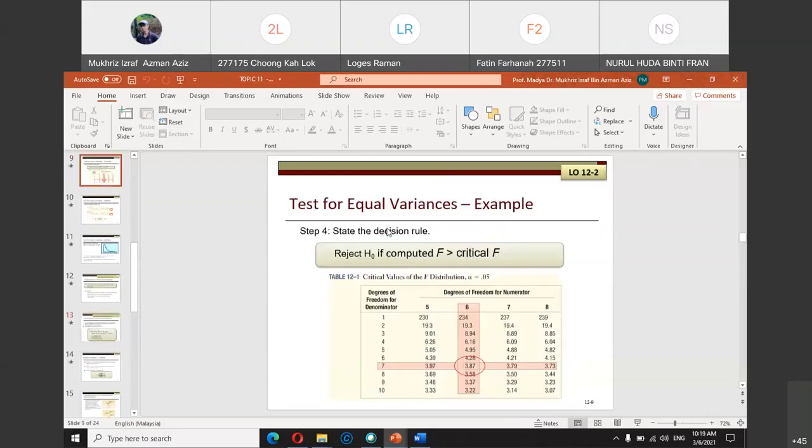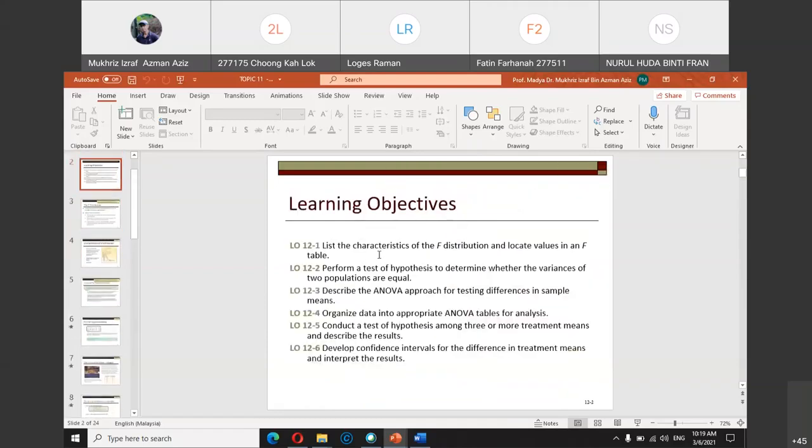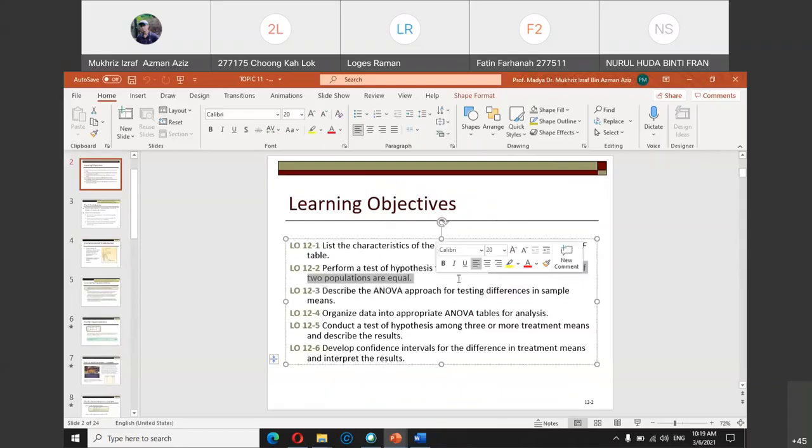In the later part of the chapter, we will go back to the normal testing of the means. But in the first part of the syllabus, we will learn how to compare based on the variance, not the mean. So there are two parts to this chapter. First, whether the variance of two populations are equal.